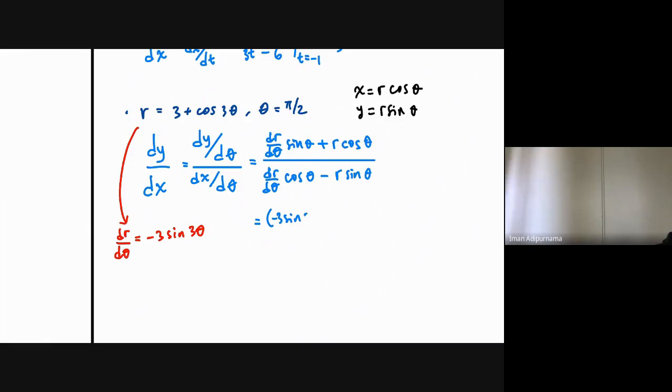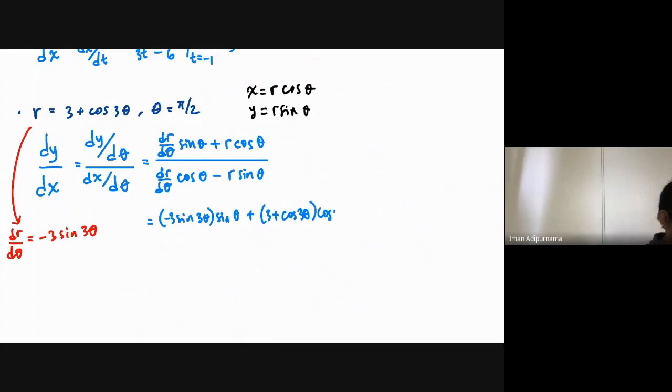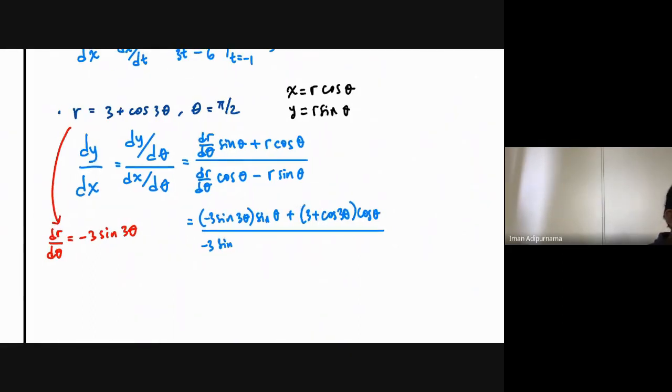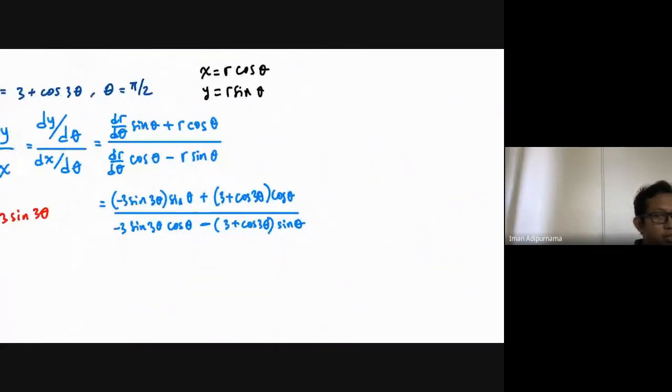So negative 3 sine 3 theta sine theta plus 3 plus cosine 3 theta cosine theta, and then negative 3 sine 3 theta cosine theta minus... Okay, now you can stop here and just plug in theta equal pi over 2.